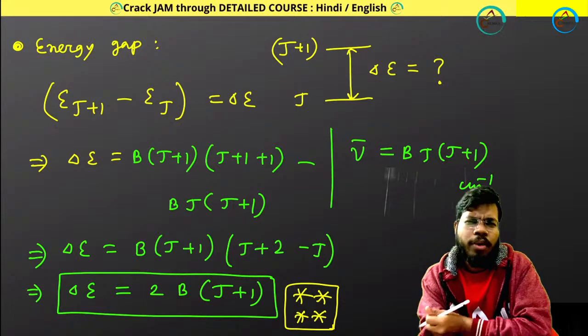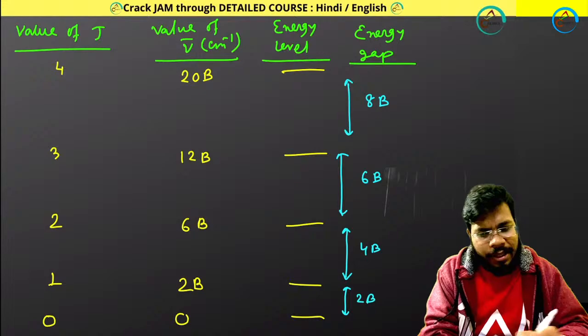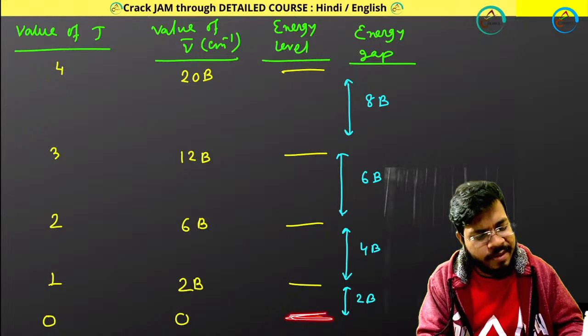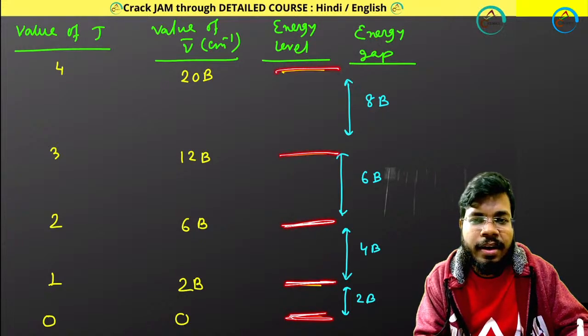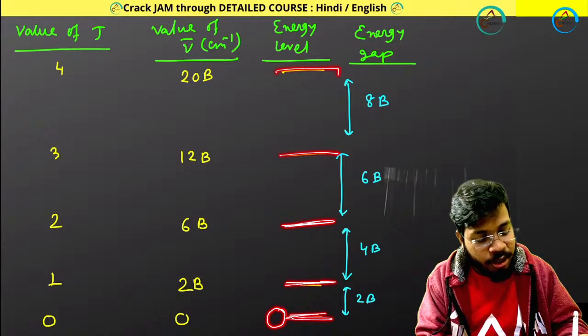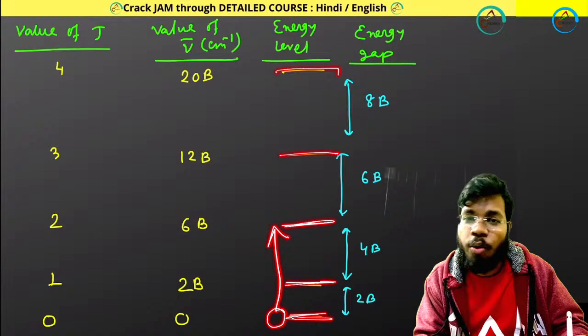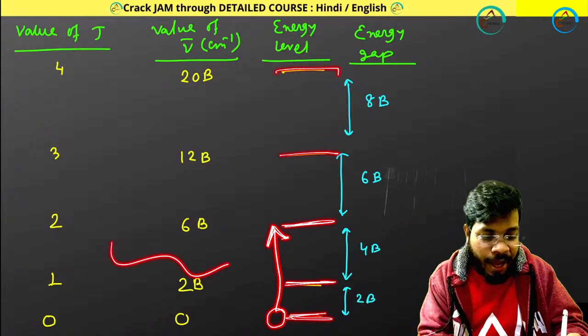Now the question arises: I have these energy levels. This is one rotational energy level, this is another rotational energy level, and another. So how does a molecule go from this energy level to that energy level? That happens when you apply microwave radiation.